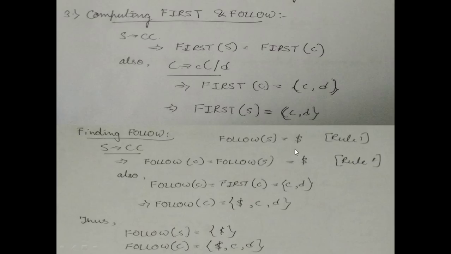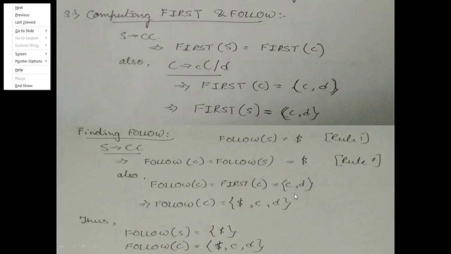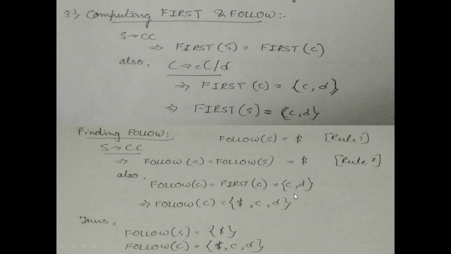Thus follow of C is equal to c comma d using rule 3. Thus follow of S is equal to dollar and follow of C is equal to dollar, c, d.